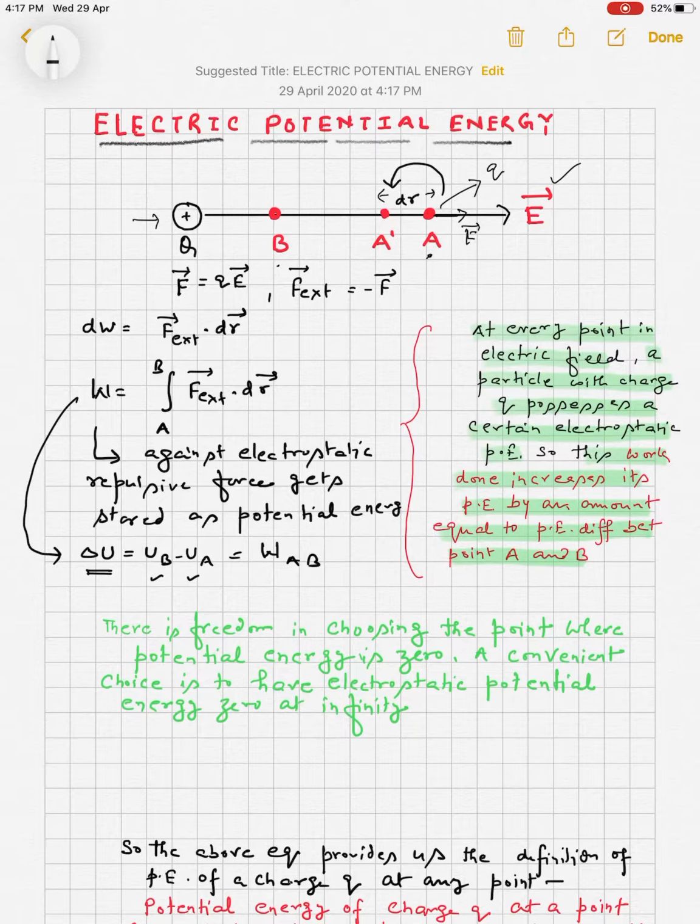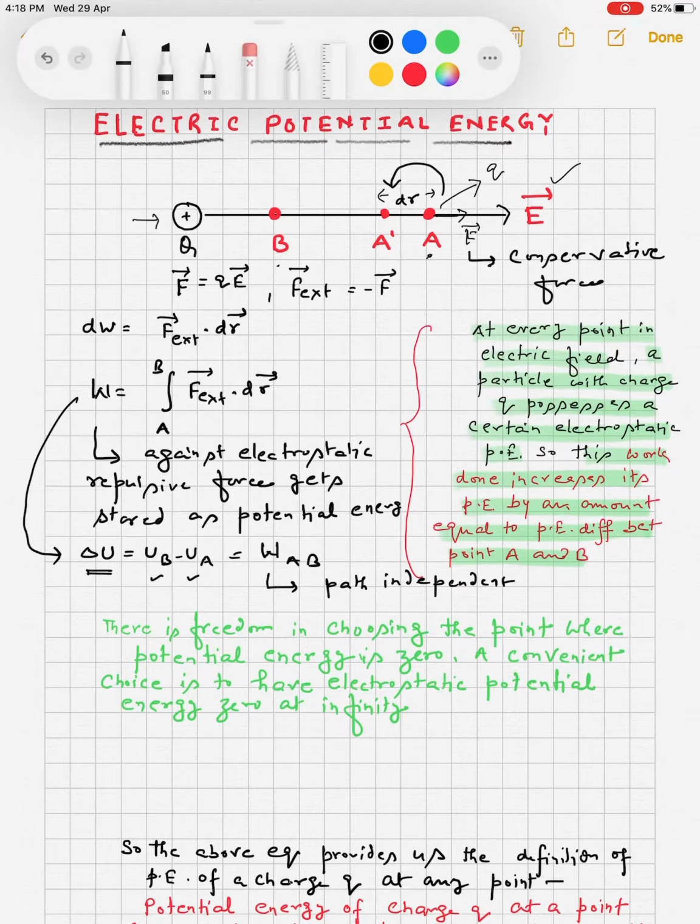This force is a conservative force because this work done is path independent. Conservative forces are those forces by which the work done does not depend upon the path. It depends only on the initial and final position, which is clear from here.